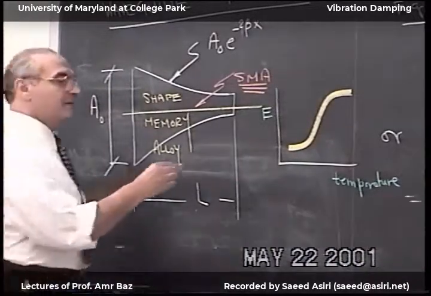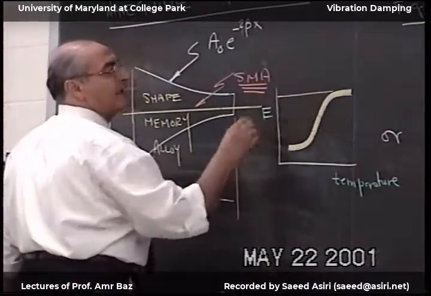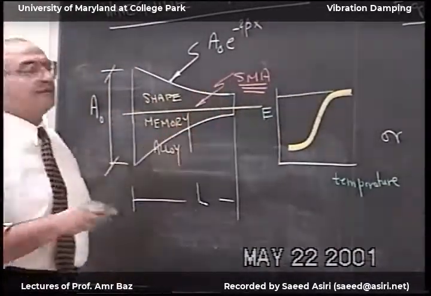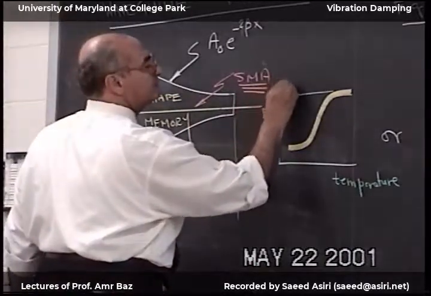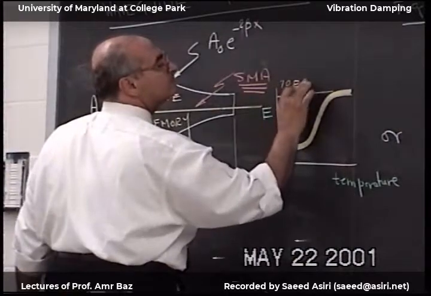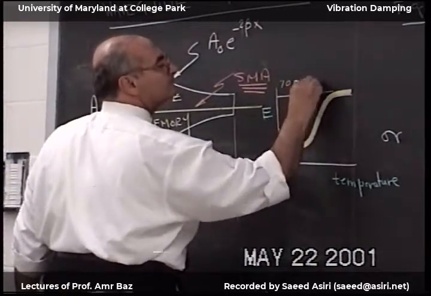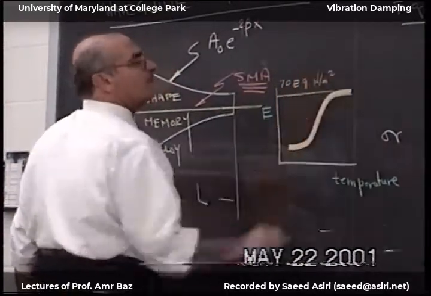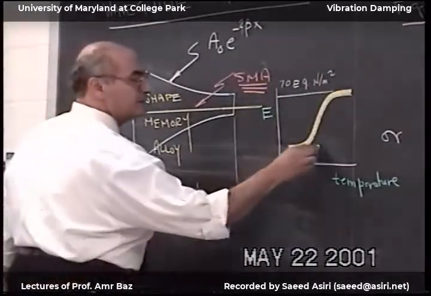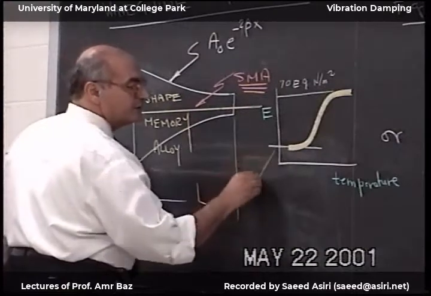And this number for a particular class of shape memory material is like aluminum, and this is almost 1/3 of this.